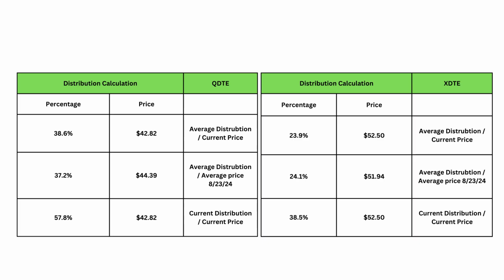And lastly, today, I'm just going to show one more. I'm only showing this because somebody asked, how come I said the distribution rate is one and not the other, and he calculated it one way and I calculated it a different way? I calculated it three different ways: average distribution against current price, average distribution against average price, current distribution against current price. Everything returns to the mean.